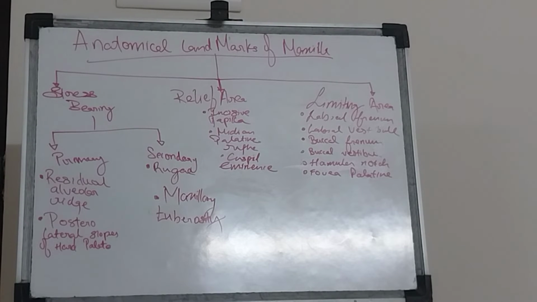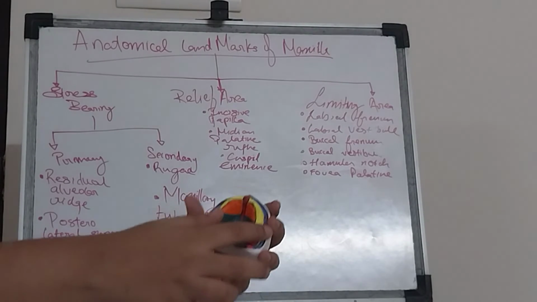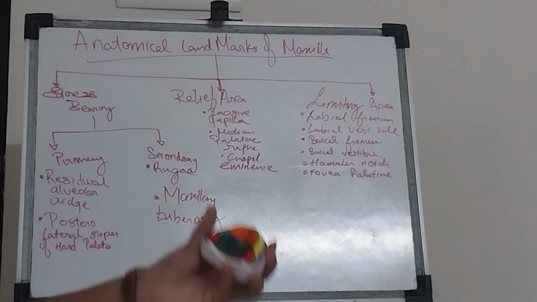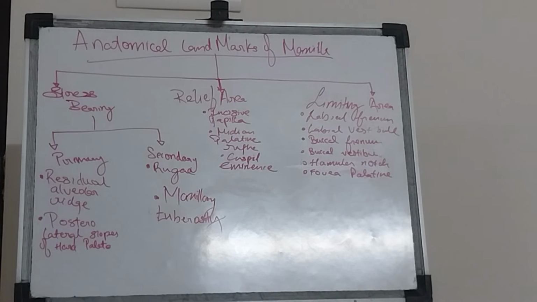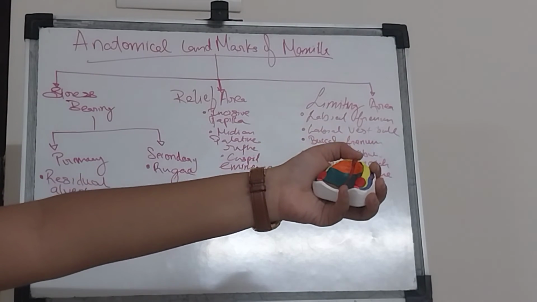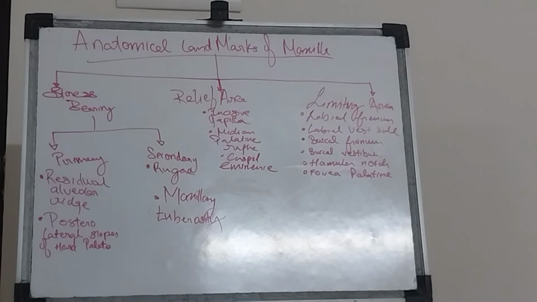The residual alveolar ridge, the yellow one, will create an alveolar groove, the maxillary tuberosities will create a maxillary tubercle fossa, and the incisive papilla will create an incisive fossa.